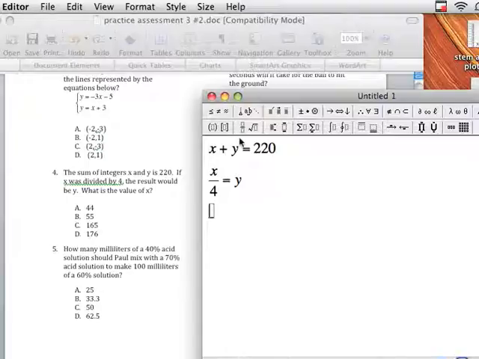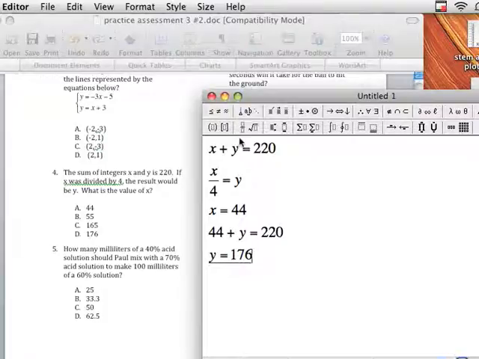All right. So, if x plus y equals 220, and letter A says x is equal to 44, then instead of x plus y equals 220, I would say 44 plus y equals 220. Well, if I subtract 44 on both sides, I would wind up with y equals 176.